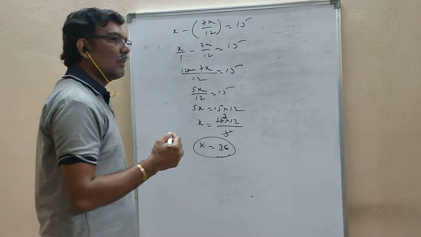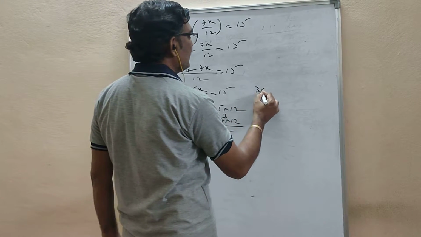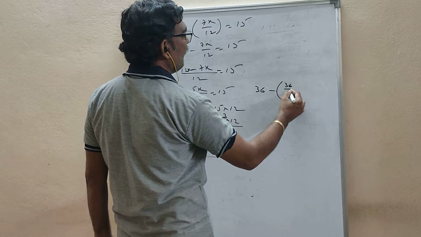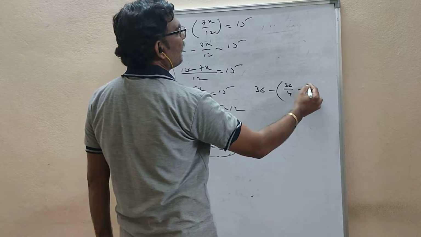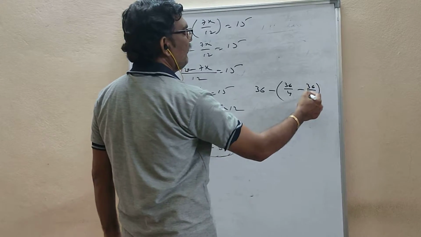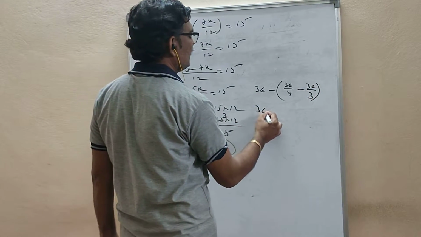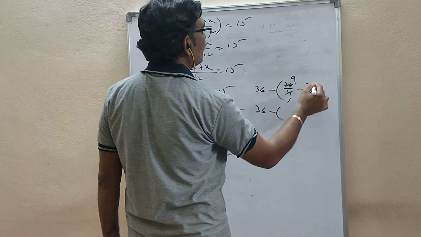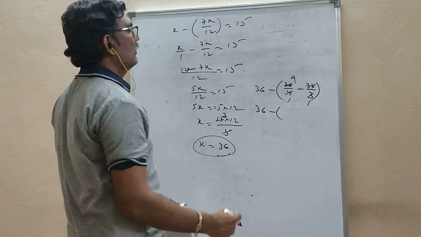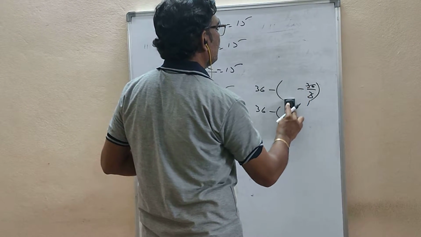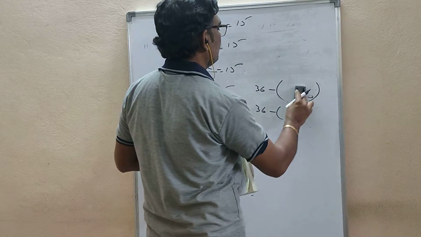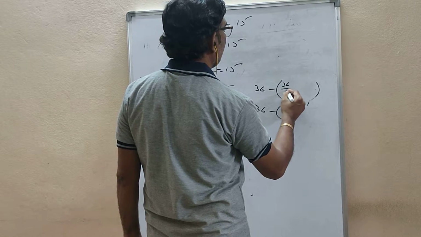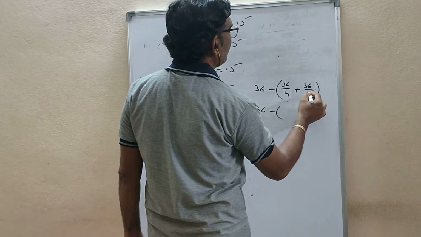Whether this problem is right or wrong, we'll see it. From 36, you should subtract. 1/4 of deer means 36 by 4 went to the forest. 36 by 3 went for grazing in the field. So 4 1s are 4, 4 9s are 36, 3 1s are 3. So here it is 1/3 and it is 1/4, so you should add. 1/4 means here 36 by 4 plus 36 by 3.